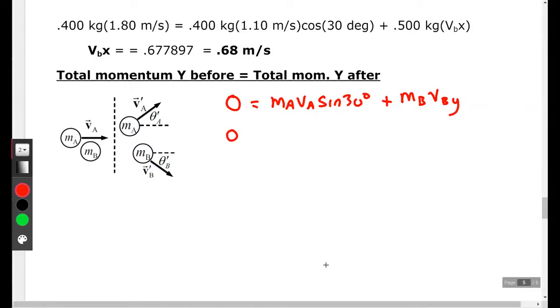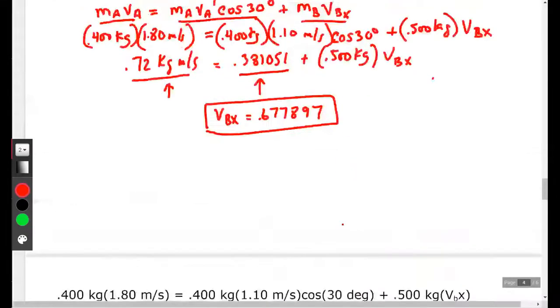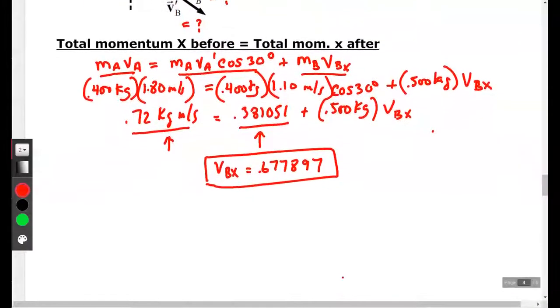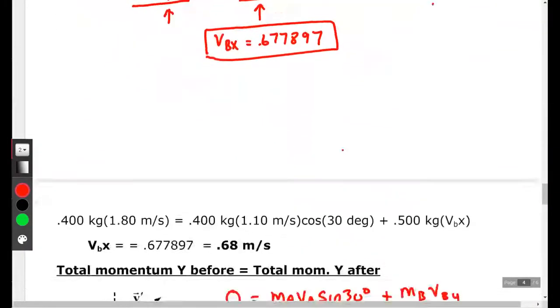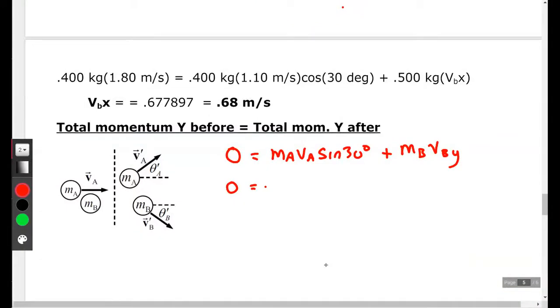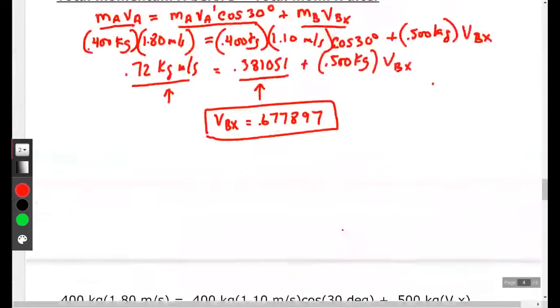So 0 equals MA. So let's say MA is 0.4. Let's look at our MA, just double checking. MA is 0.4 and the other one is 0.5, right? MA is 0.4. VA prime. Let's take a look at what VA prime is.